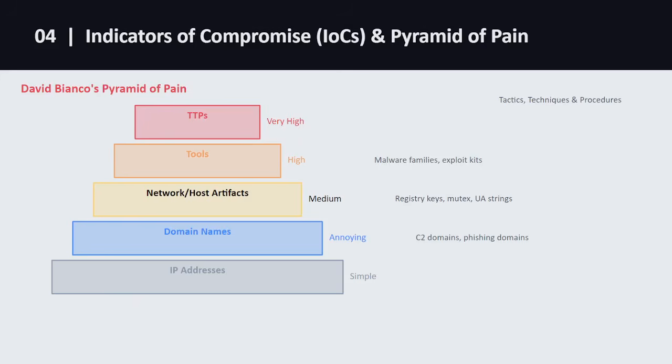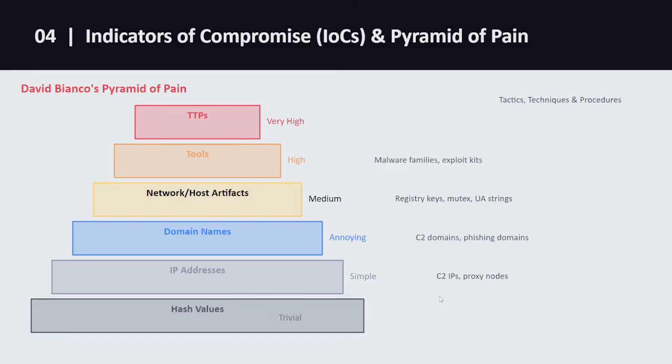And then you have IP addresses, which are very simple, which will be C2 IPs, meaning command and control IPs, and then proxy nodes. You have hash values here.